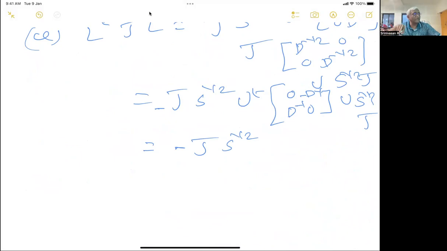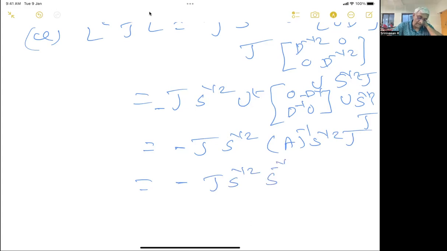Now, if you have a unitary operator U A U transpose, and you take the inverse, that is going to be U transpose, A inverse, U. The inverse will come in the middle for a unitary. So this is precisely A inverse, which is going to be J S power half, S power minus half, J S power minus half, S power half J. S power minus half will go.